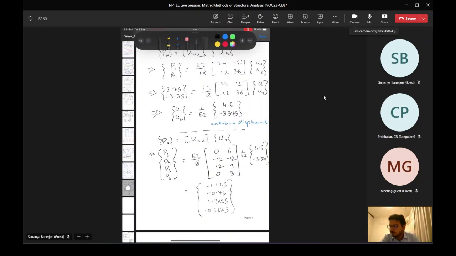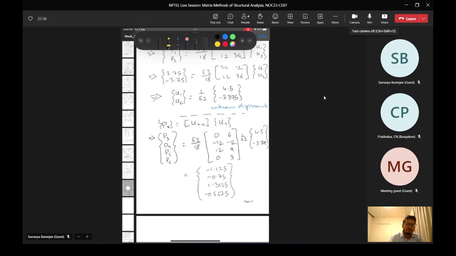Okay, so this is the solution of the load vector. So now do these loads represent the different reaction forces of the beam system?